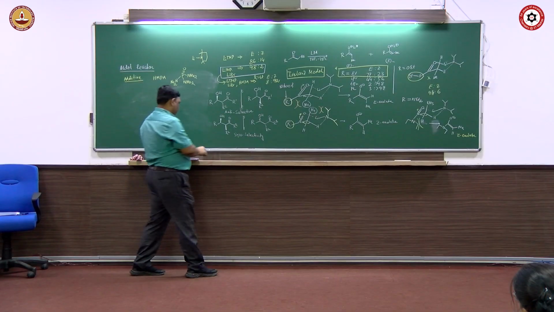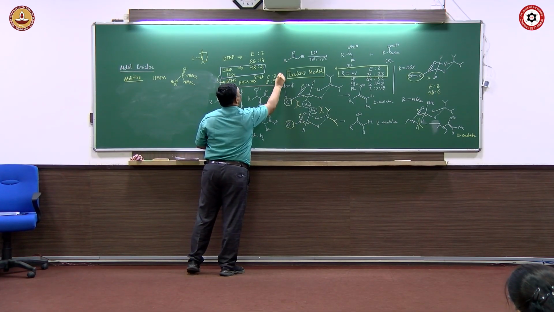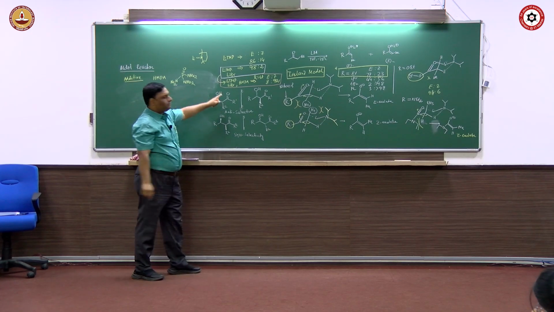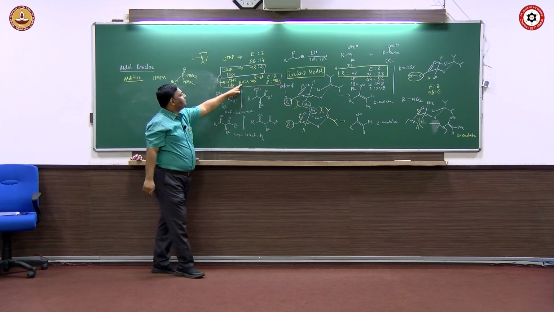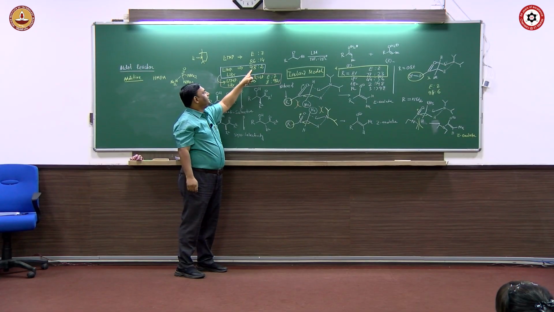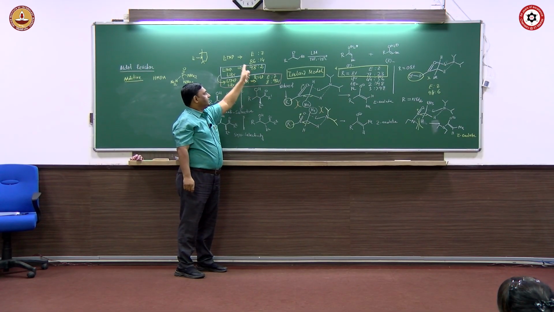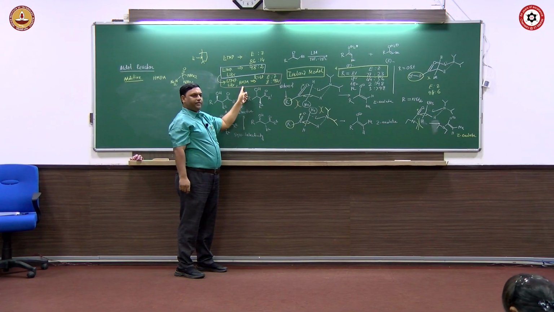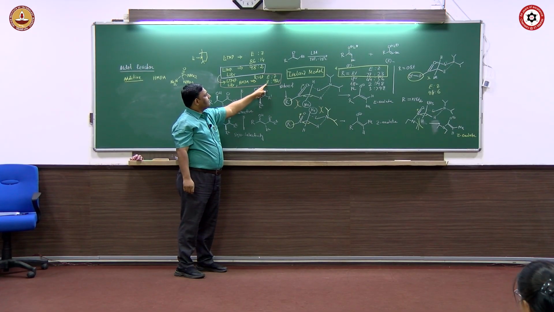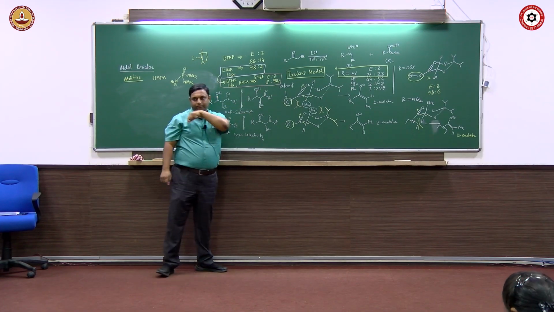You can see that this combination has completely changed. This HMPA additive, where previously it was 98:2, 98 for the E enolate and 2 for the Z enolate, the same reaction, only with this additive, reverses the outcome, so the E is now very minor and the Z is the major.